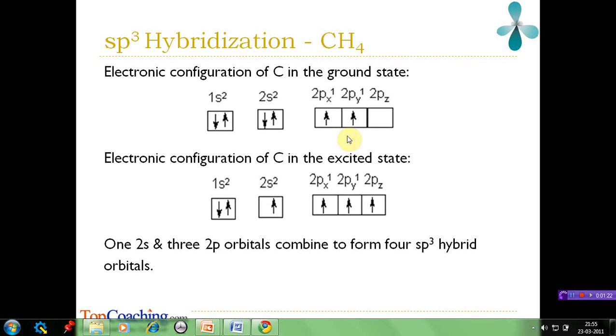This energy is utilized to unpair the paired up 2s electrons and then to promote one of them to the vacant 2pz orbital. Thus, the resulting electronic configuration of the carbon atom in its excited state is 1s2, 2s1, 2p3. Now each of the 2s and 2p orbitals has one unpaired electron.